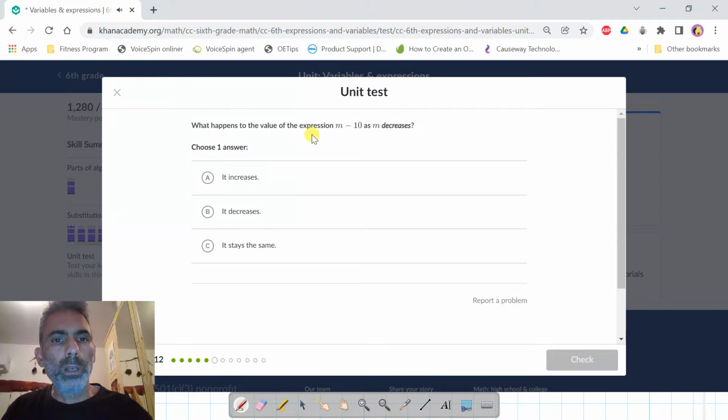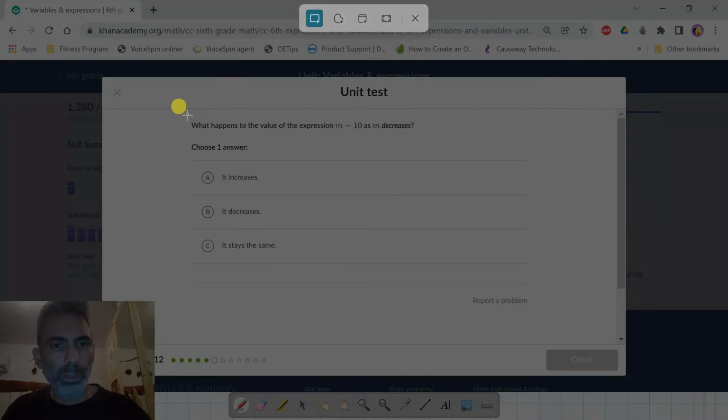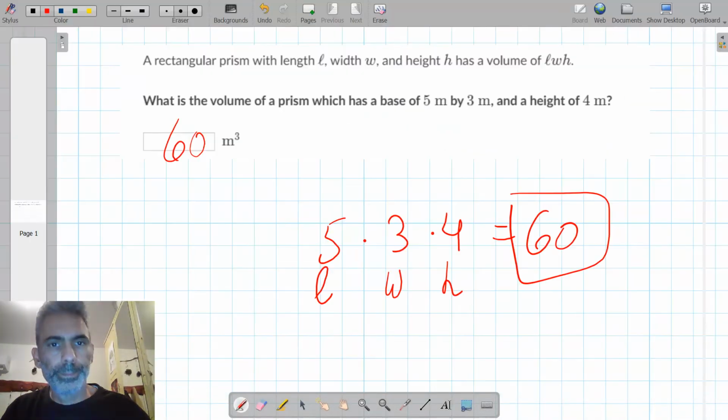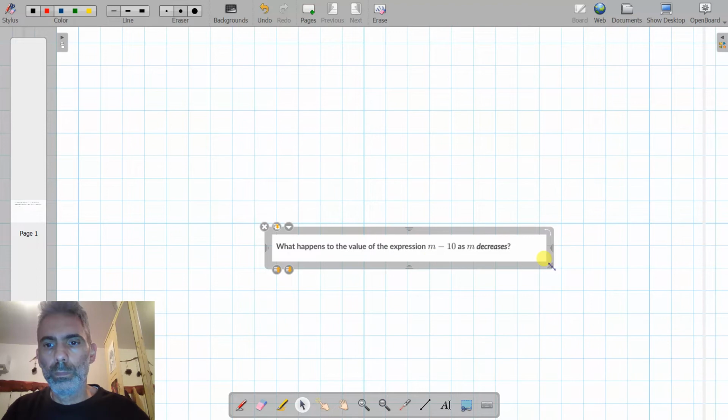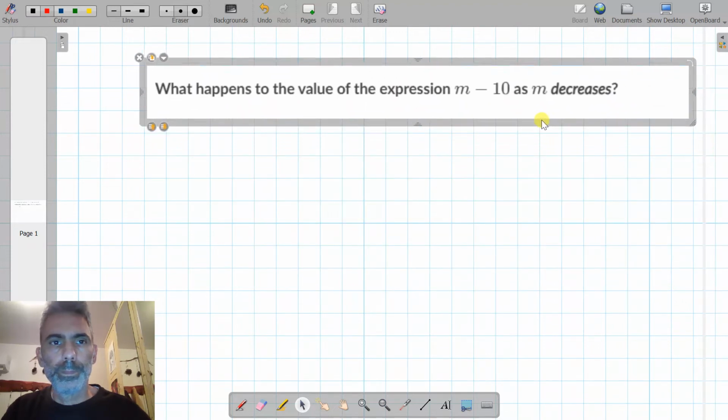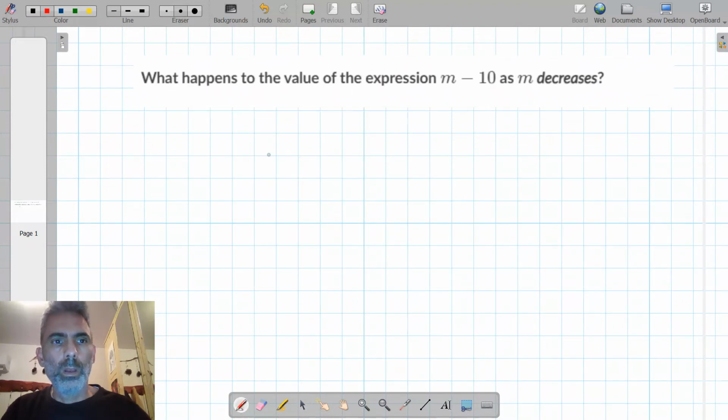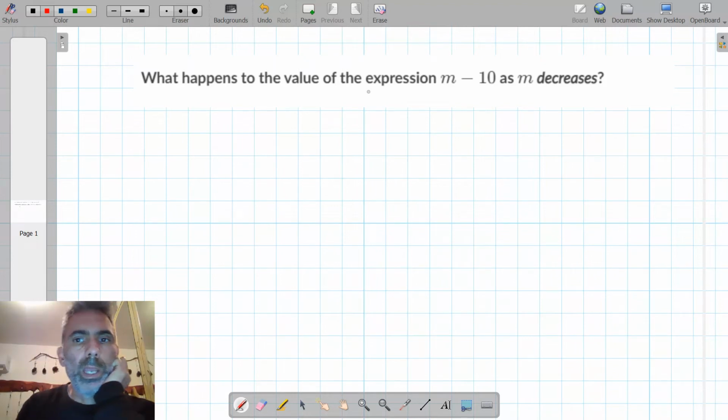What happens to the value of the expression? Okay, so let me copy this to the board. What happens to the value of the expression m minus 10 as m decreases?